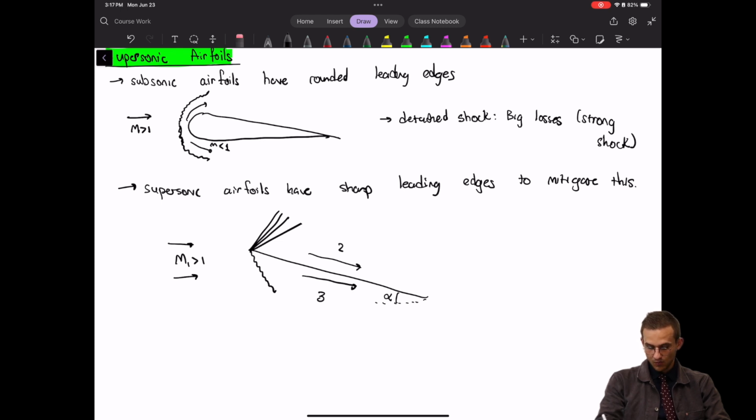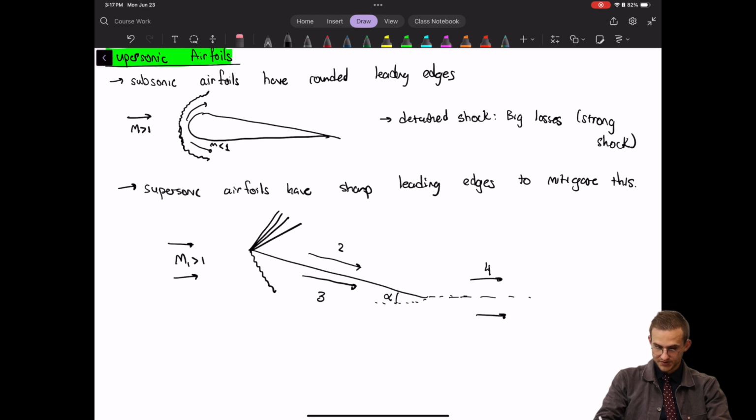And then once you return to the free stream, we'll do a dotted line here that's horizontal, parallel to the initial flow. Once you go back to the free stream, we'll call that region 4, and we'll call this region 5. The flow direction has to be parallel again.